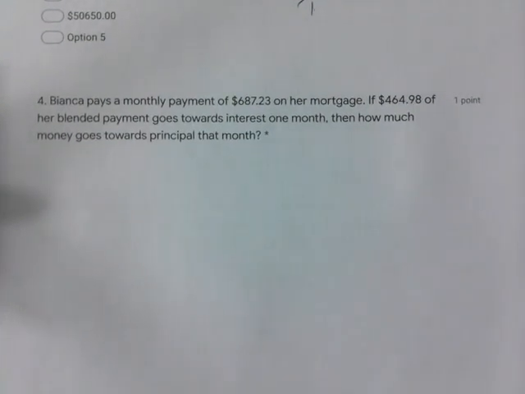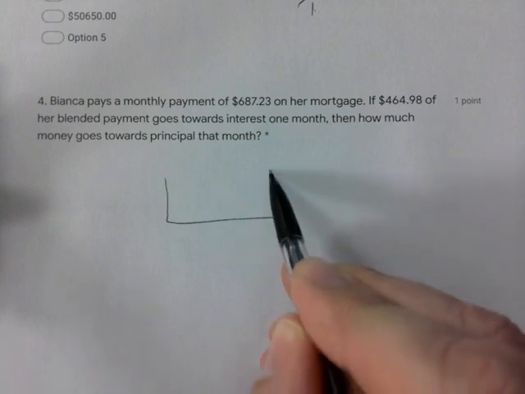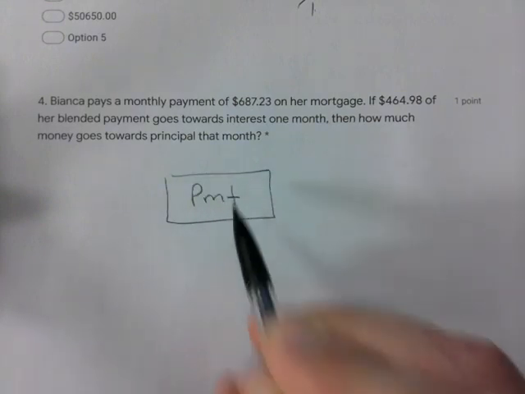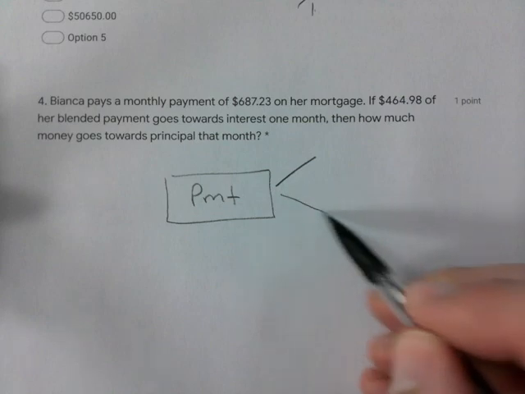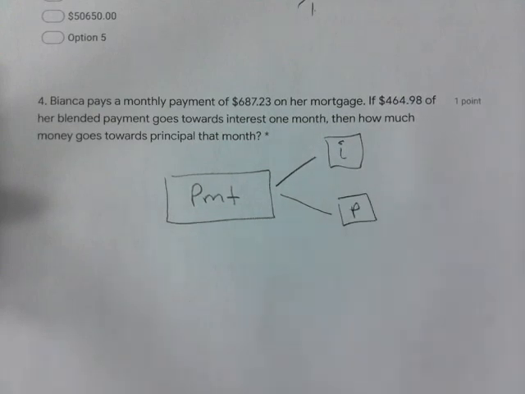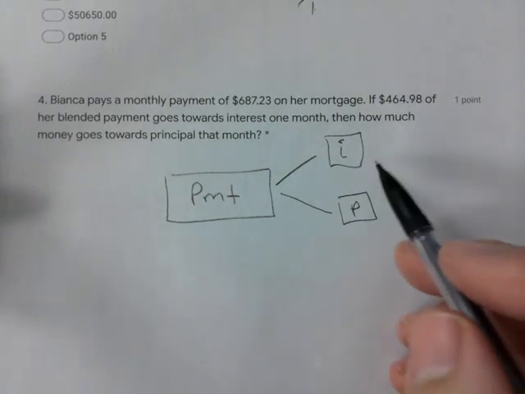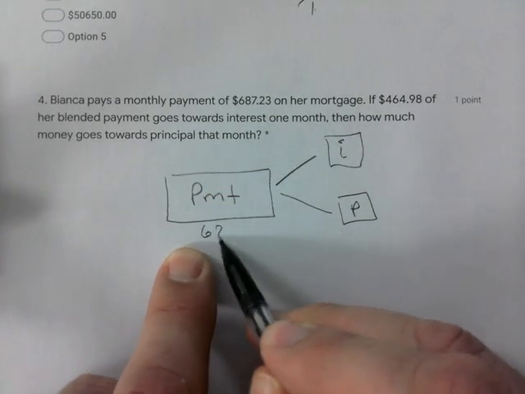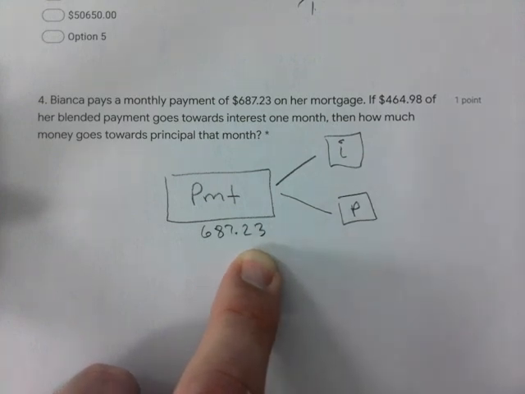Bianca pays a monthly payment of $687.23 on her mortgage. $464.98 of her blended payment goes towards interest. How much goes towards the principal? This goes back to this very simple concept that a payment is made up of I, interest, and P, principal. Like if you want to look at it that way. So they're telling you that your payment is $687.23.